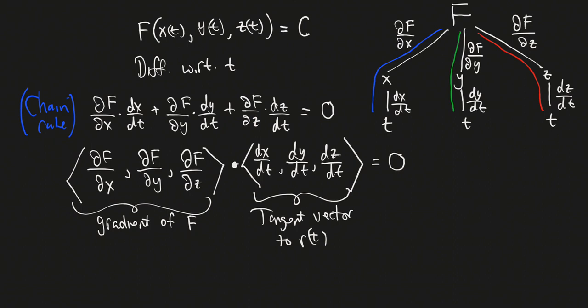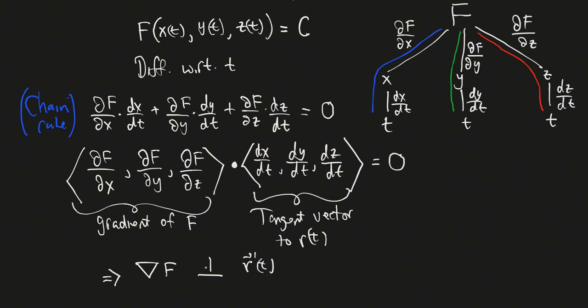Because remember, the dot product is equal to 0. So this implies that the gradient of the surface is orthogonal to our tangent vector, r prime.